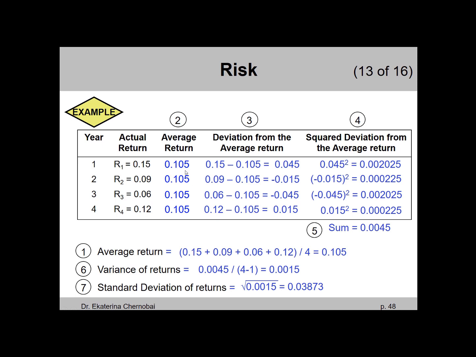So in either direction, this much away from the average. So these are essentially the steps we are following to find the standard deviation, which is the measure of risk.